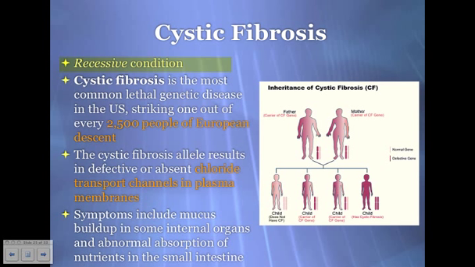It's actually the most common and lethal genetic disease in the US, striking 1 out of every 2,500 people of European descent. The cystic fibrosis allele results in a defective or absent chloride transport channel in the plasma membrane.